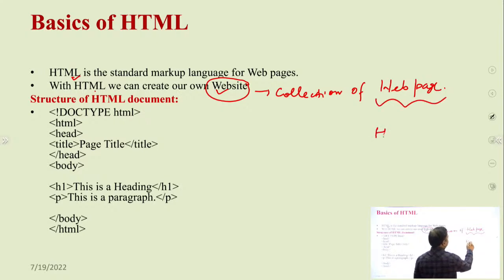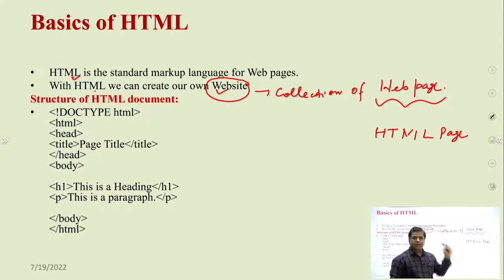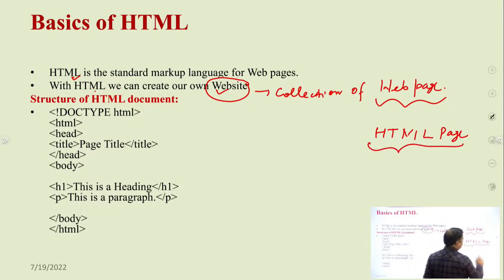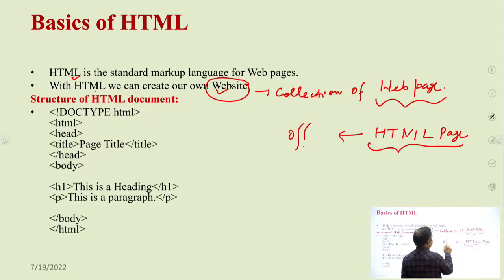right? When are we calling it an HTML page and when are we calling it a web page? Firstly we design the HTML page, that means we are using HTML tags for creating the page, but this is in offline mode, right? That means we are designing the page on our own desktop or laptop, and we have not uploaded it to a website or the internet, so it is not accessible on the internet.